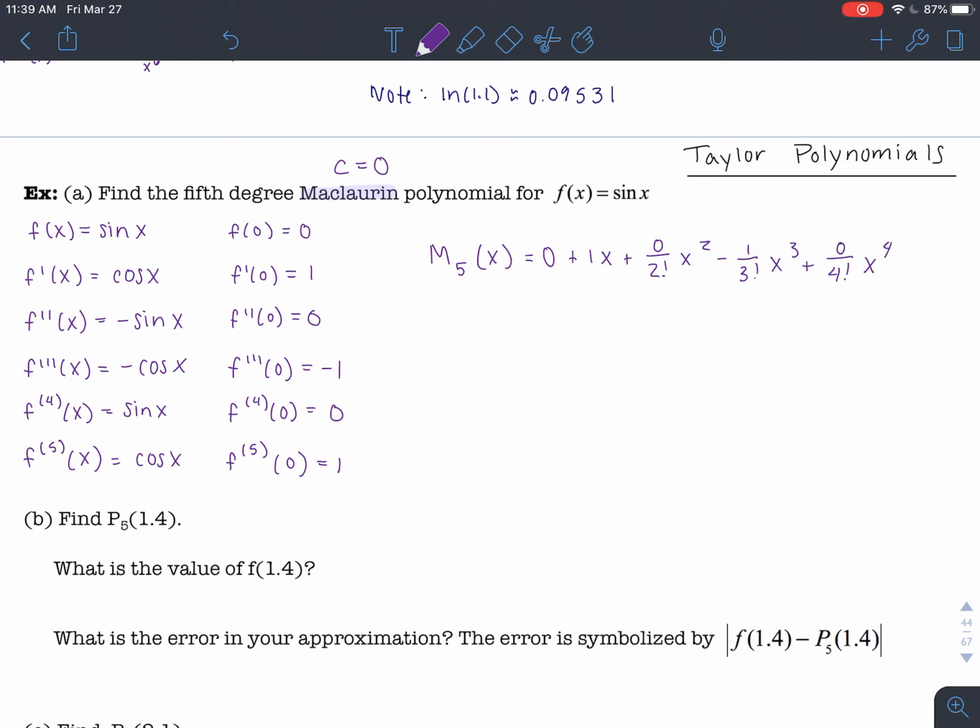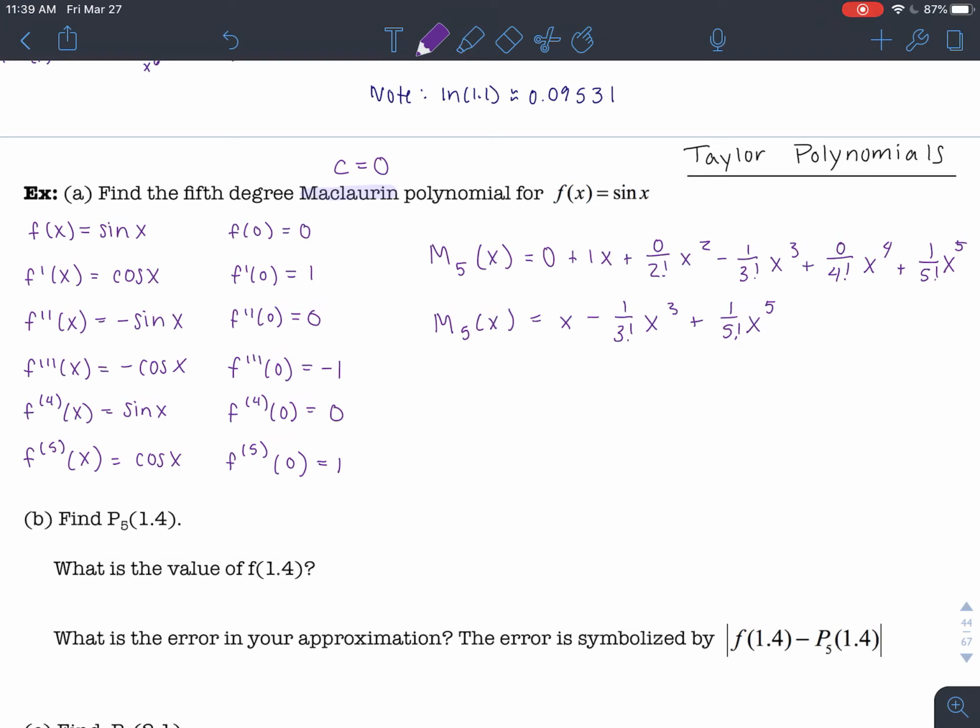And then it's going to be plus our third derivative, which is going to be negative 1 over 3 factorial times x cubed, plus 0 over 4 factorial times x to the 4th, plus 1 over 5 factorial times x to the 5th. Okay, but we're going to rewrite that, of course, to get rid of all of those zeros.